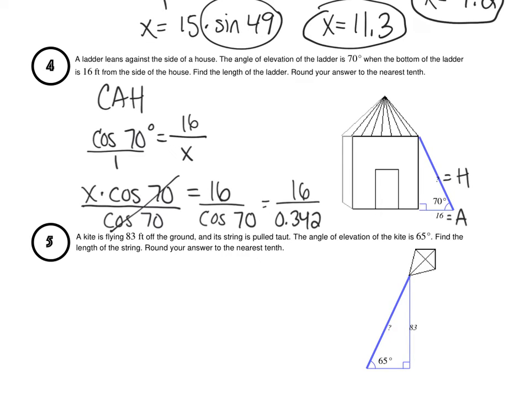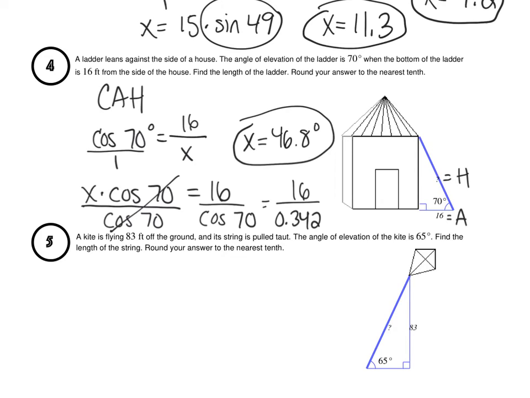Then you're going to clear and divide 16 by 0.342 to get an answer of about 46.8. So if you're using your phone calculator, you have to punch in the cosine first, figure out what it is as a decimal and approximate it, and then divide.